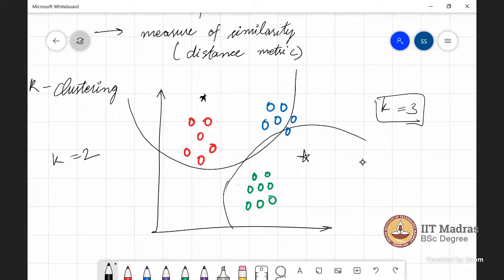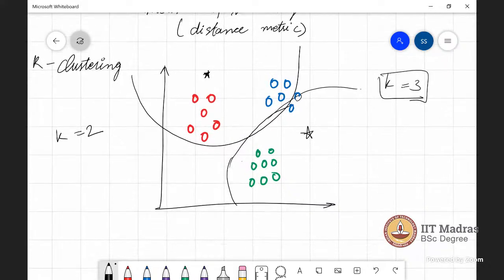Yeah, something like this. Okay, so this point belongs to this cluster. Now we have assigned each point depending upon its proximity to the cluster centroids, to the cluster it belongs to.